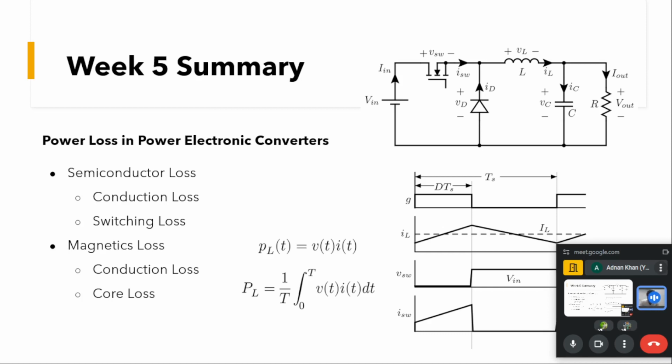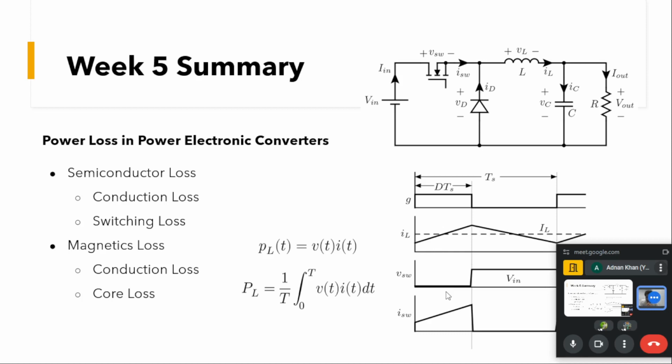If you can see here, if we assume this voltage to be constant, this current is not constant for this particular time interval. So what we mainly do is calculate the average of the power loss in a particular switching interval.